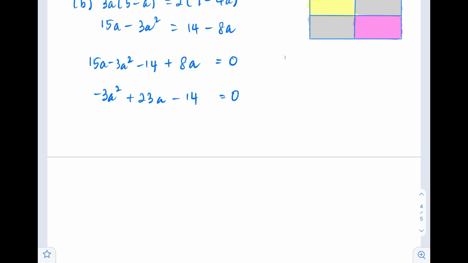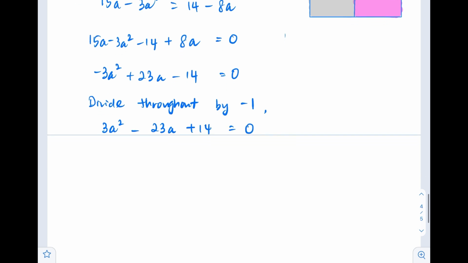So what we can do is divide throughout by negative 1. This means we divide every single term in the equation by negative 1, so that we will get 3a squared minus 23a plus 14 equals 0, since 0 divided by any number remains as 0.